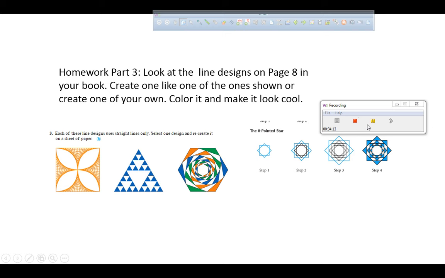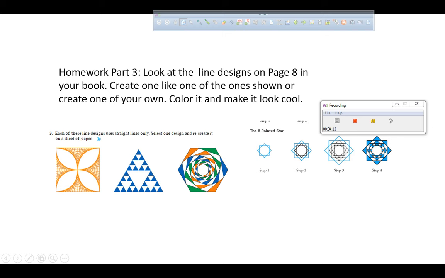But I'll give you plain white paper. It's just typing paper if you need it. And it has to be done with a straight edge. You can't just do it freehand like I did. And I have graph paper and white paper up here if you want to grab some on your way out. Okay, but that won't be due until, we'll make it due next block day, okay?